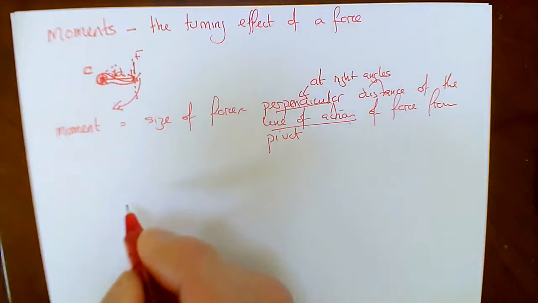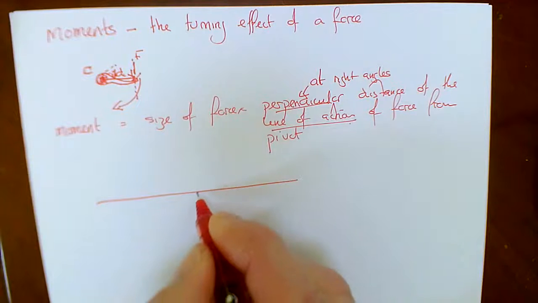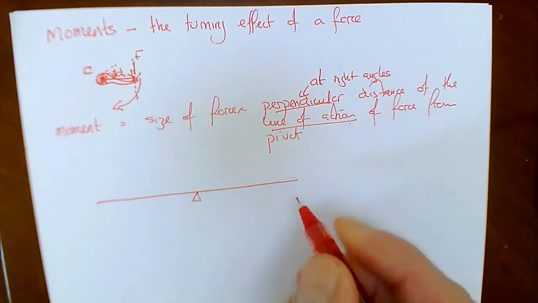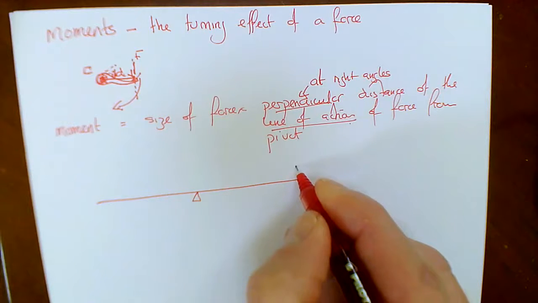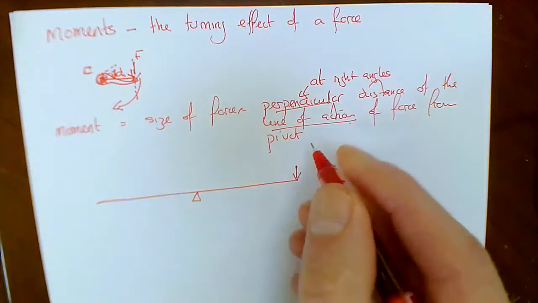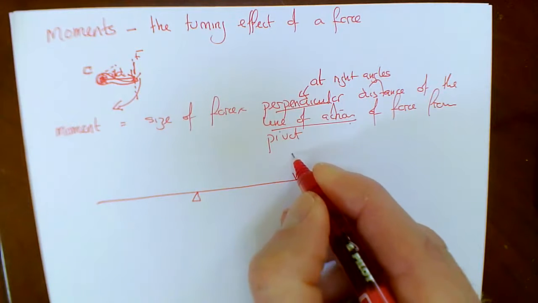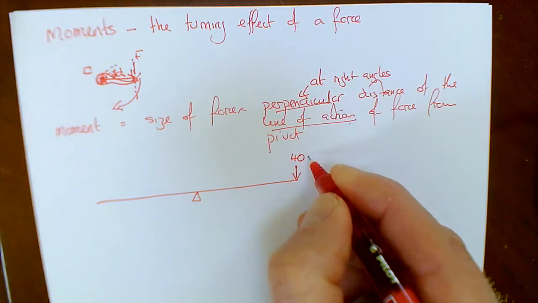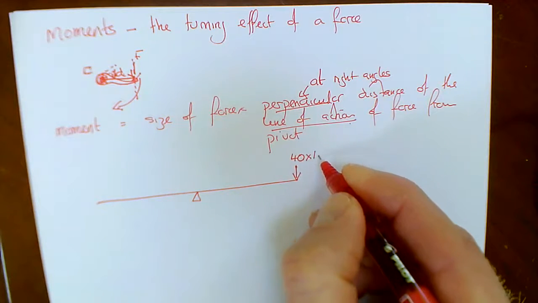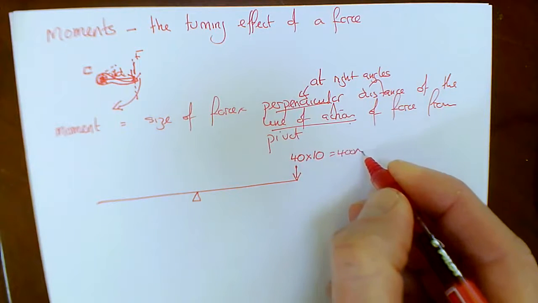Now if we think about your seesaw example, if we have child 1 sitting here, and let's say child 1 has a mass of 40 kilograms, and if we just do this nice and roughly, use G as 10, the weight would be 400 newtons.